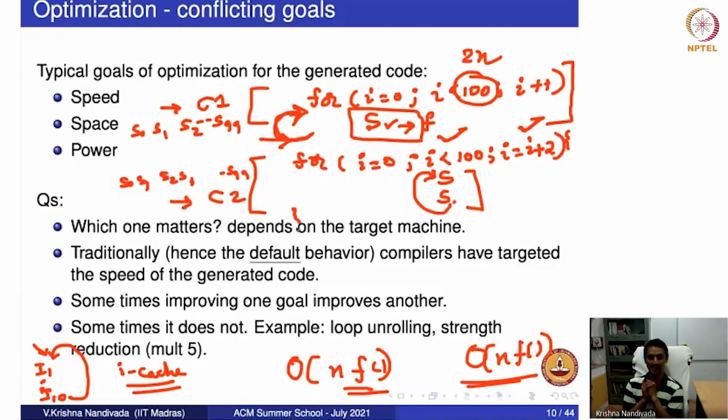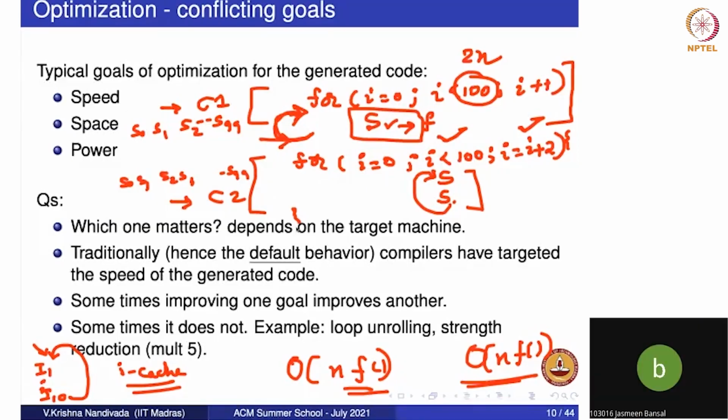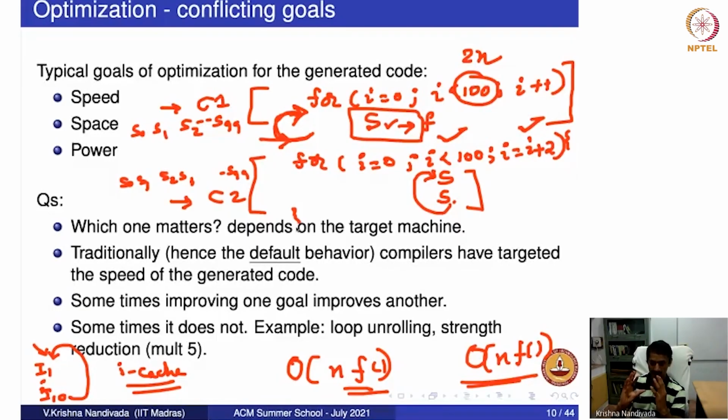Any questions so far? So this basically says that for any kind of optimization, we can't be sure if it will help with the performance or not. Jasmine, I will take your words and rephrase them slightly.